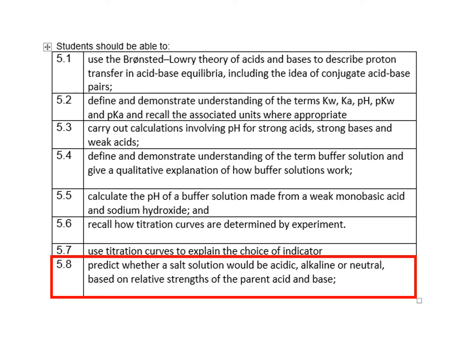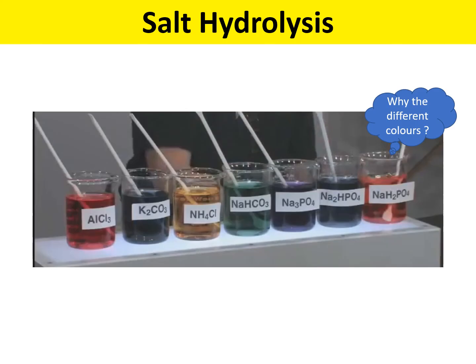The final part of this topic is on salt hydrolysis. When we look at these beakers which have salt solutions, we can see that when indicator is being added, we get different colours. This indicates that these solutions have different pHs.